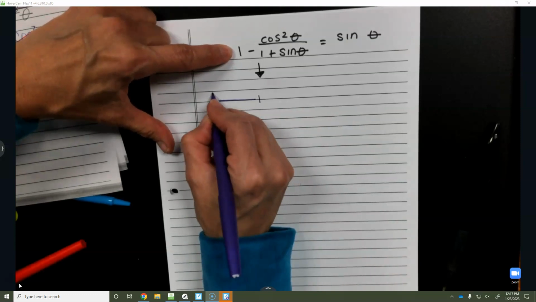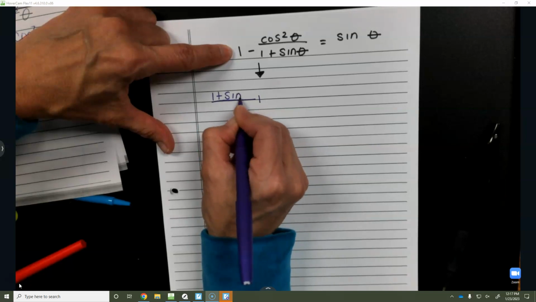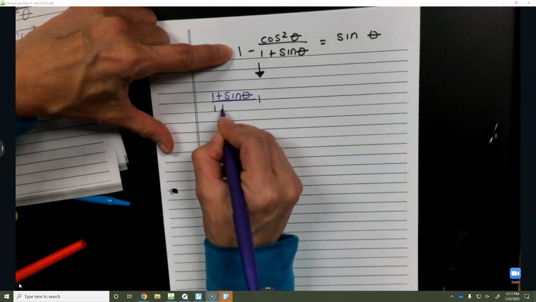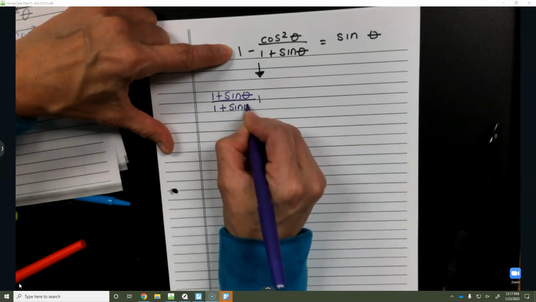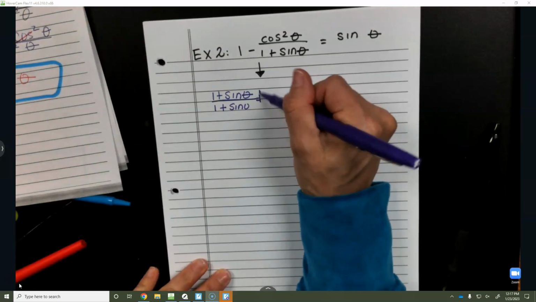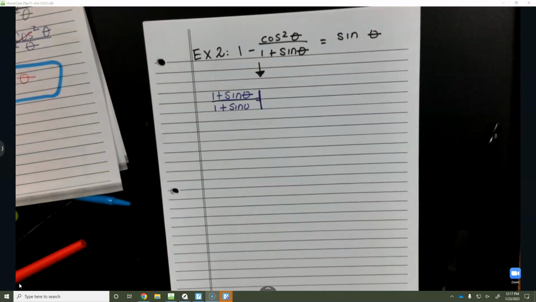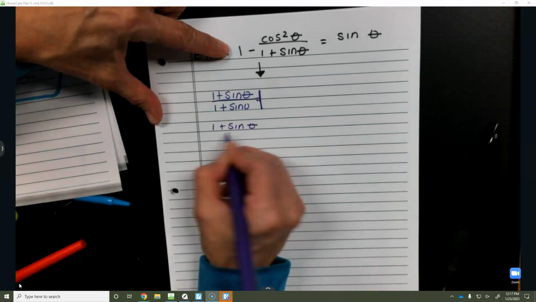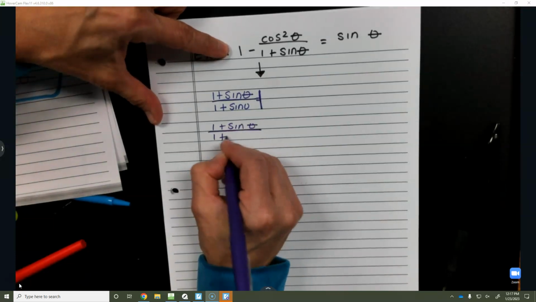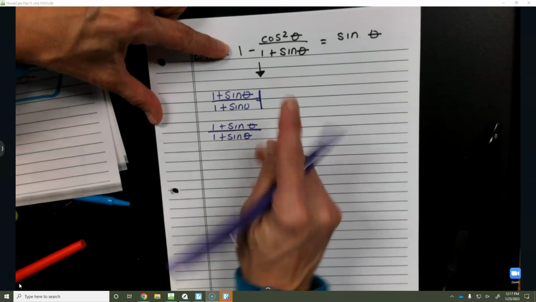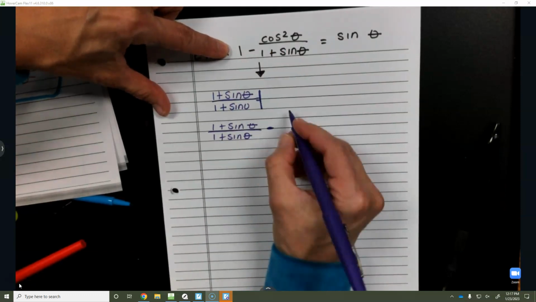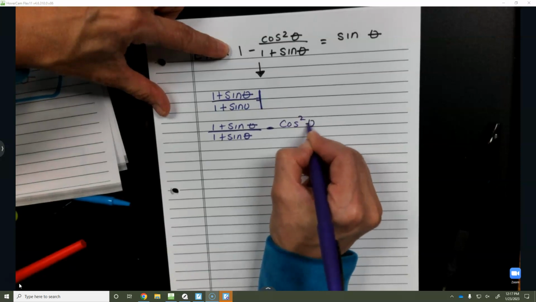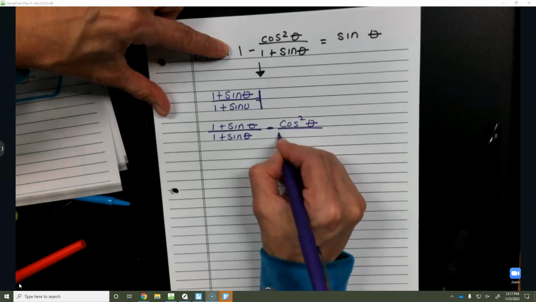That is going to be 1 plus sine theta over 1 plus sine theta. Remember, that equals 1. Okay, so 1 plus sine theta over 1 plus sine theta. Remember, that was 1 minus cosine squared theta over 1 plus sine theta.